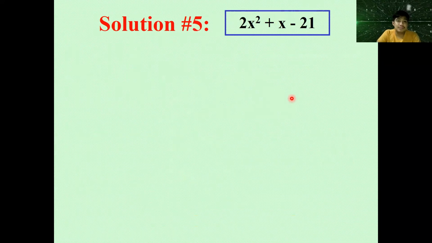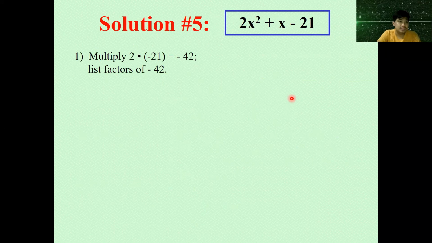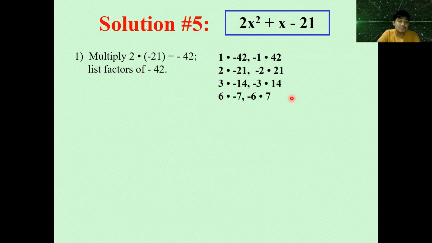Okay, we have solution of number 5, 2x squared plus x minus 21. So our first step is to multiply 2 and negative 21. So we have negative 42. And then list all the factors of negative 42. So we have negative 42 and 1, 1 and 42, 2 and negative 21, negative 2 and 21, 3 and negative 14, 3 and positive 14, 6 and negative 7, and negative 6 and 7.